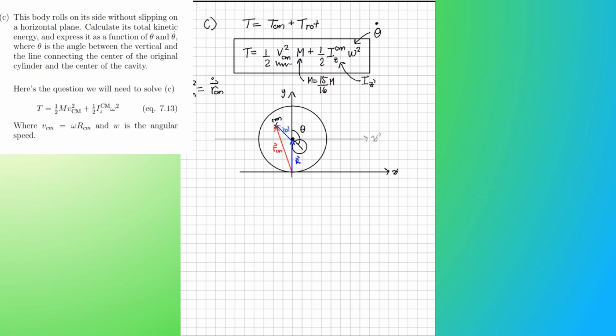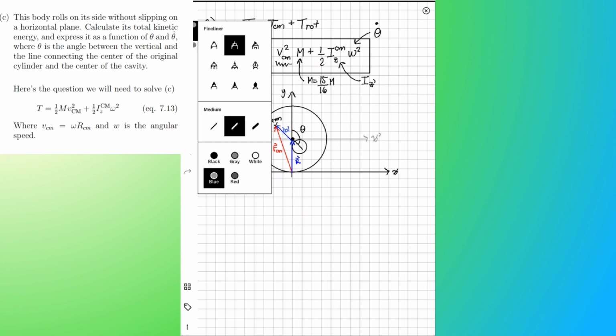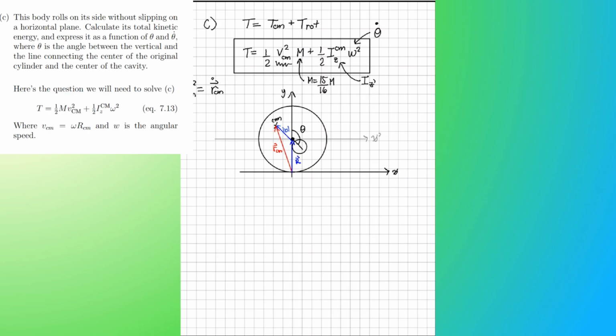And if we add vector r plus vector b, we will get the position of the center of mass at all thetas. So let's find the vector b. For b, it's like this. This is theta as well because of this symmetry.